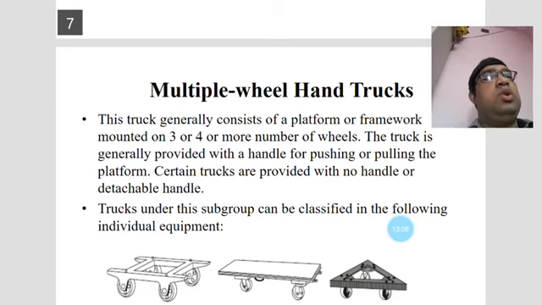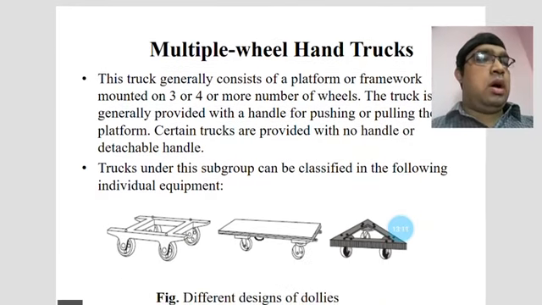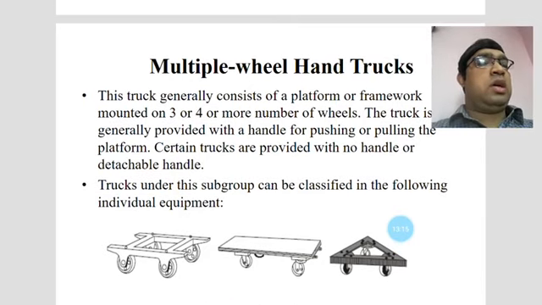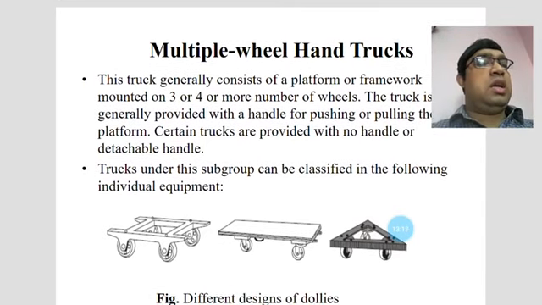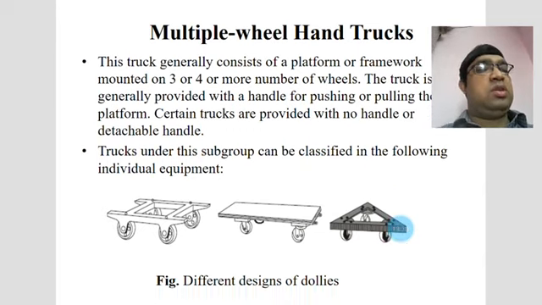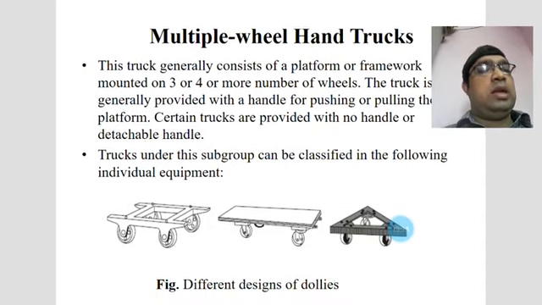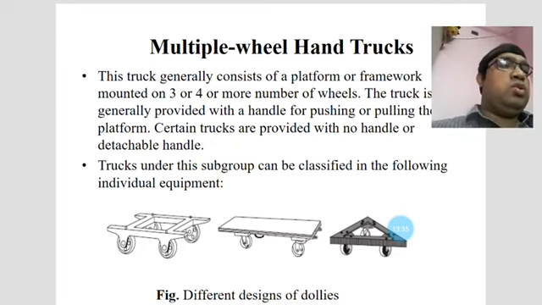Sometimes we see different types of fruits being transferred, and for nearby places you put them on, and the loading and pulling systems are also used at these places. With these pulling systems you can transfer your materials very easily. These different types of dollies will be used.